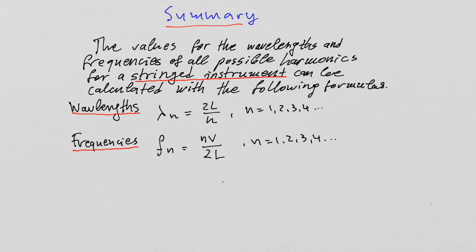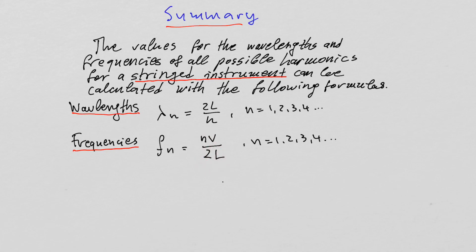Similarly, for the frequencies of the harmonics, we have this general expression. So the nth frequency, or the frequency of the nth harmonic, is equal to n times the speed of propagation of the wave in the string divided by twice the length of the string.